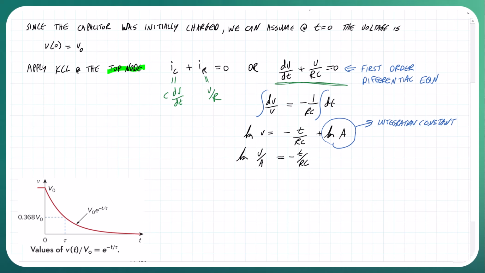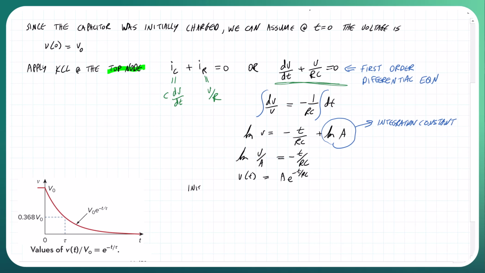We come up with the equation V of t is equal to A e to the minus t over RC.